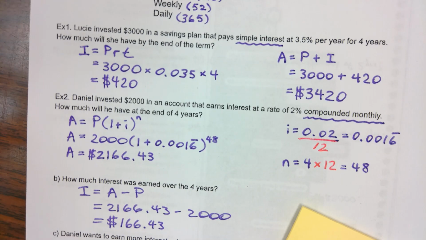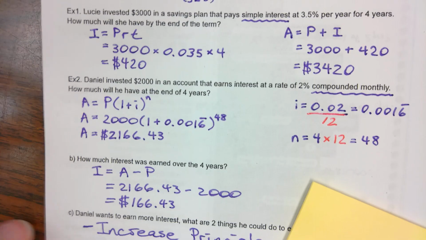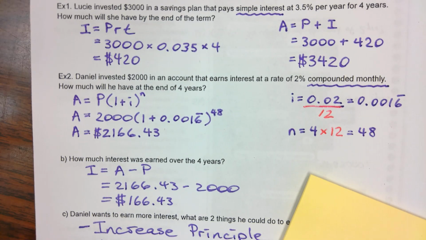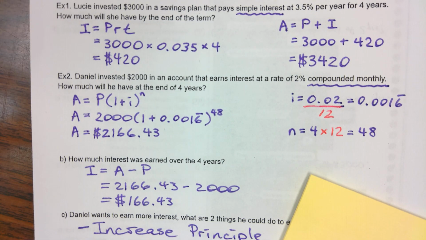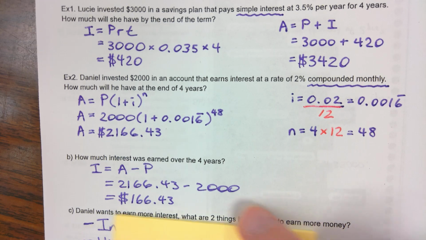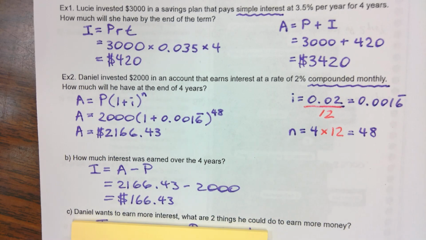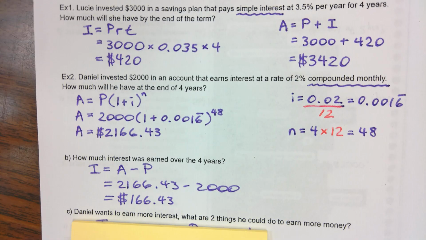That's because $2,000 was yours to begin with, right? So in 4 years, you got $166. How many of you say that's good money? Bad money. It's still money.